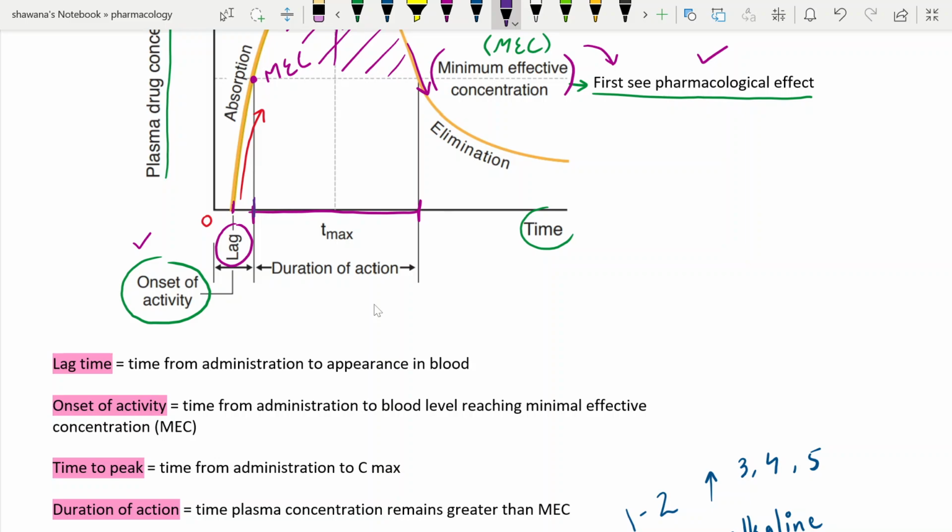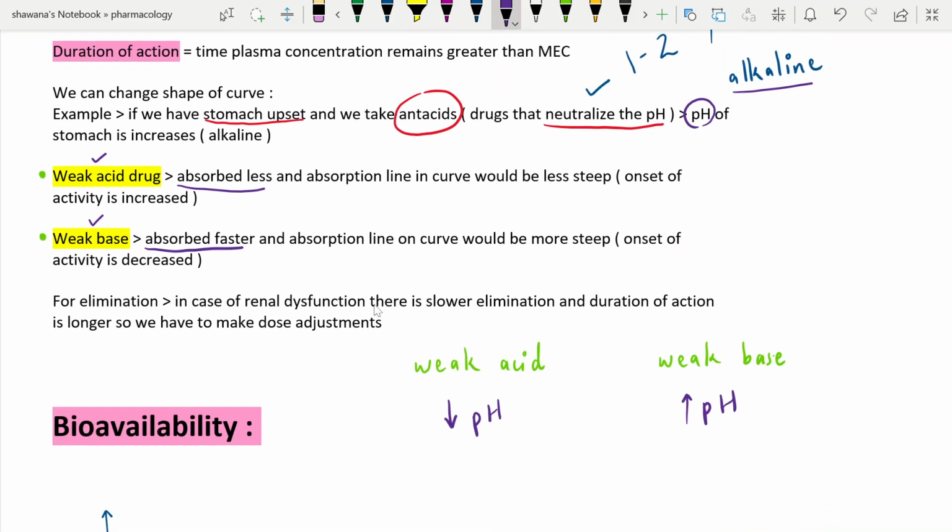On the contrast, weak acid in alkaline pH of the stomach is absorbed less and the onset of activity is increased. It means that we see the minimum effective concentration or the pharmacological effect after some time. We do not see it immediately. Okay, this is an example for understanding purposes.